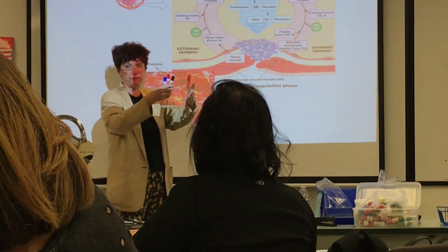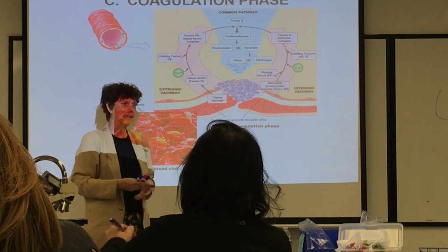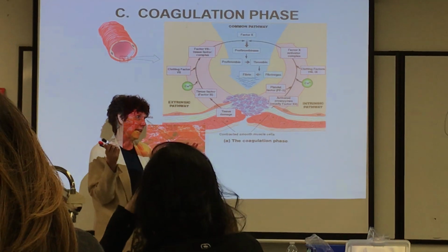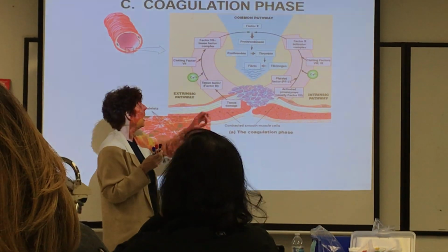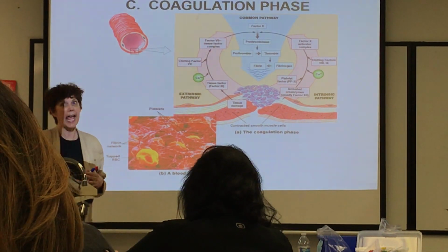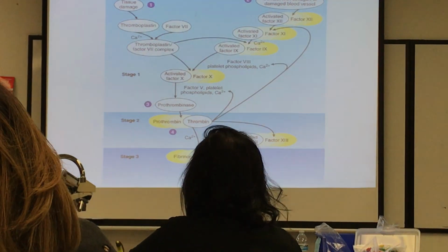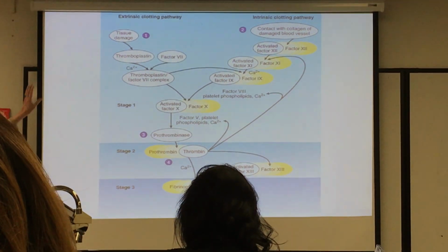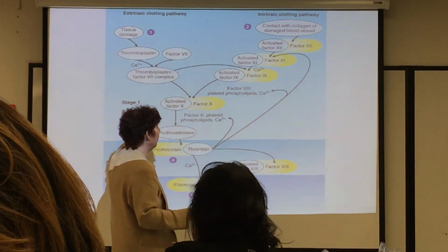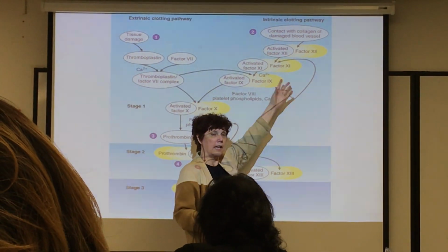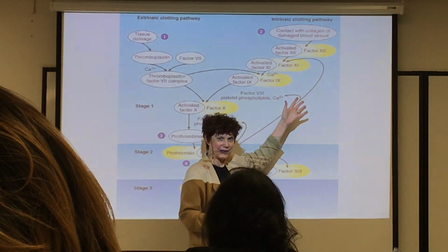You can take blood from a blood sample and put it in a glass tube and it will clot in that glass tube without a platelet plug, okay? But we have what's called the extrinsic pathway and the intrinsic pathway. Extrinsic is shown here on the left, intrinsic is shown on the right, and no, you don't need to know all of those different numbers, okay?